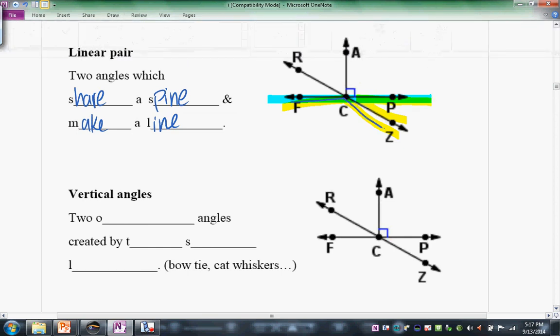These two angles, FCZ, ZCP, would be called a linear pair. They share a spine and they make a line.